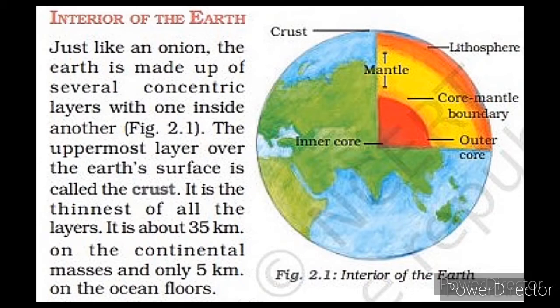However, despite it being 35 kilometers and 5 kilometers deep, as we have seen, the crust is considered the thinnest layer among the three layers, that is the crust, the mantle, and the core. So, the crust is the thinnest of all, and the arrangement is like a jigsaw puzzle. It's like pieces fitted one into another, as you can see in the model of plate tectonics, where the pieces are arranged one after the other.